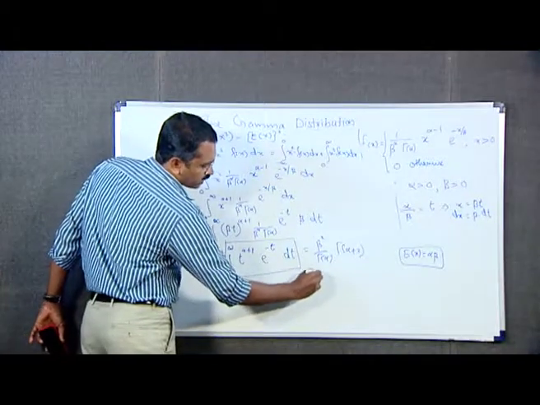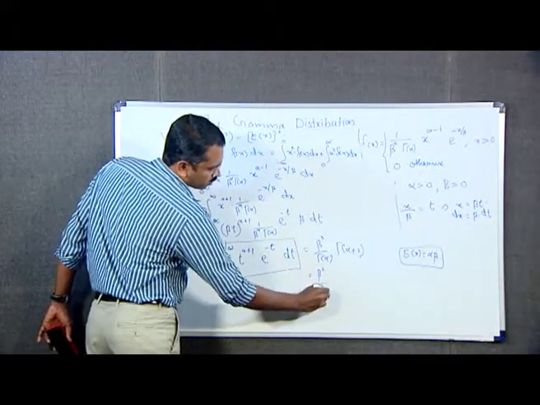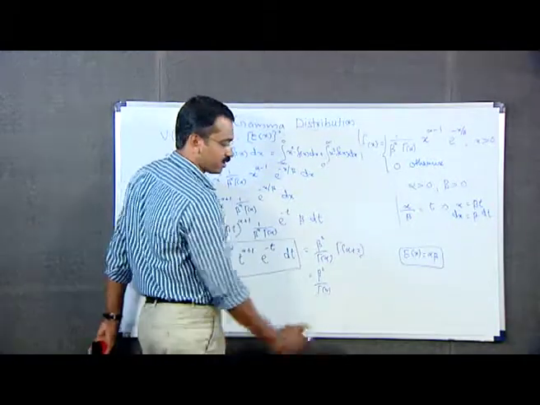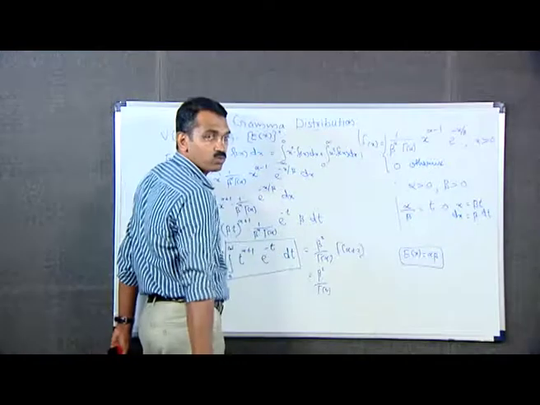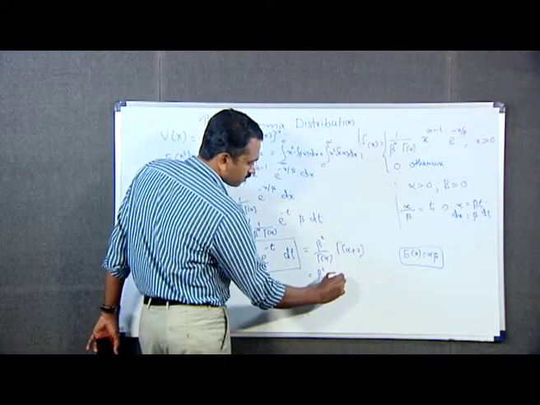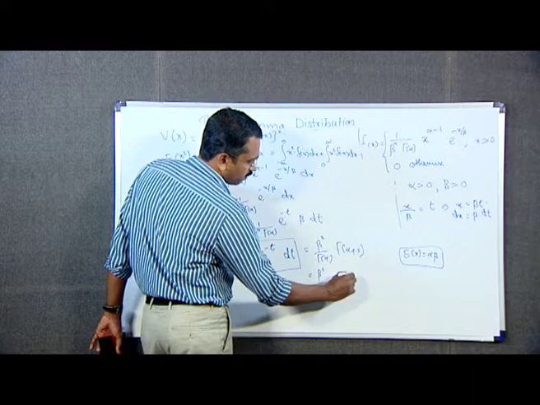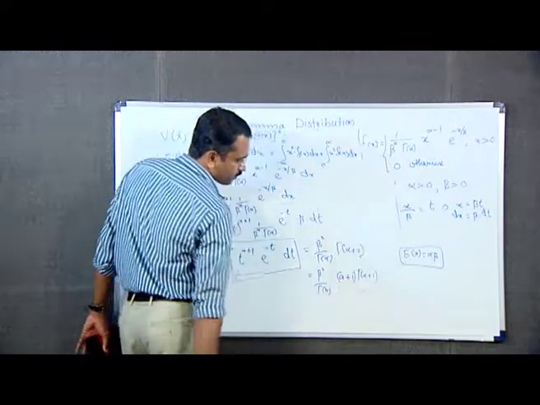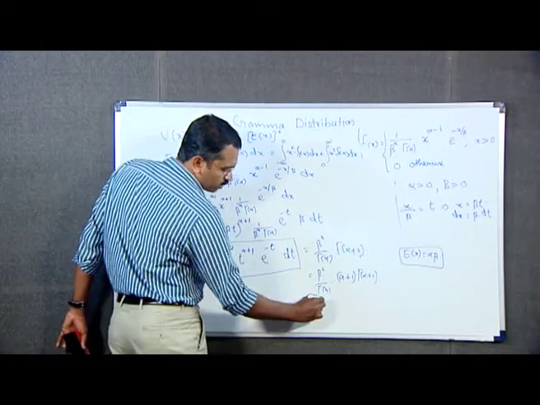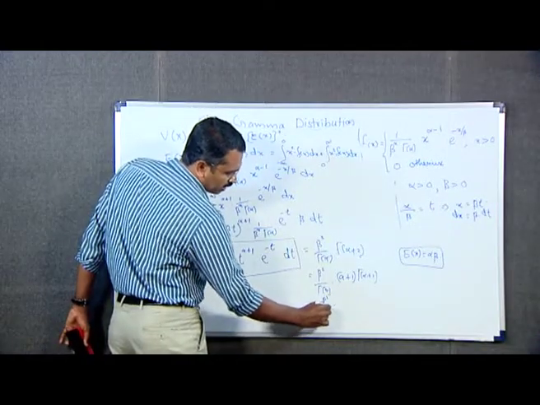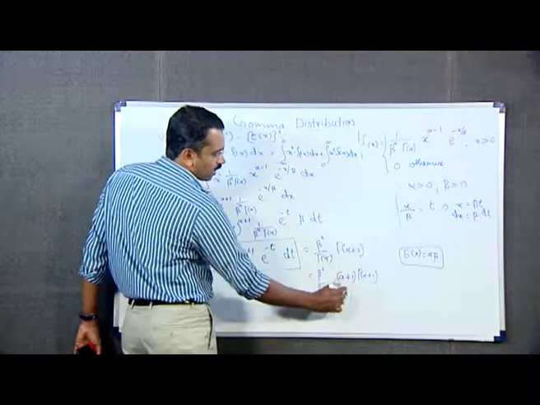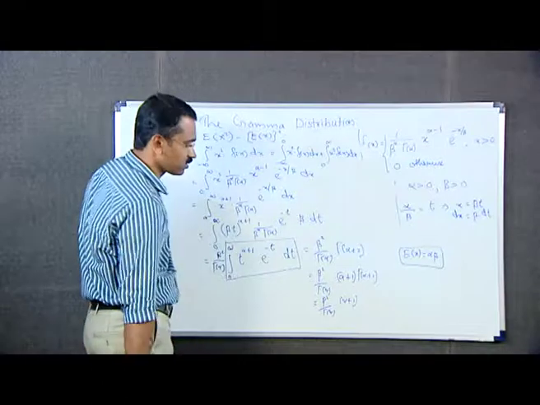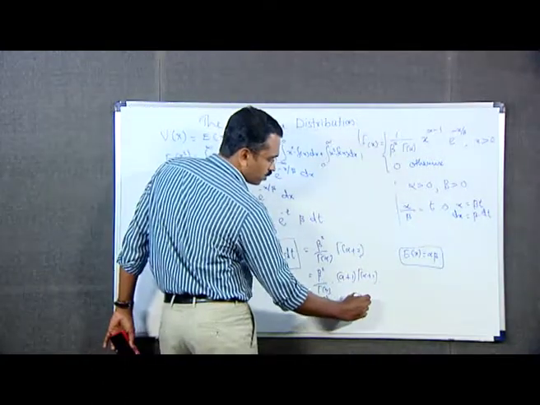which is equal to beta square by gamma alpha into, by the recurrence relation of gamma function, gamma alpha plus 2 can be written as alpha plus 1 into gamma alpha plus 1, which is equal to beta square by gamma alpha into alpha plus 1 into this gamma alpha plus 1, which can be written as alpha into gamma alpha.